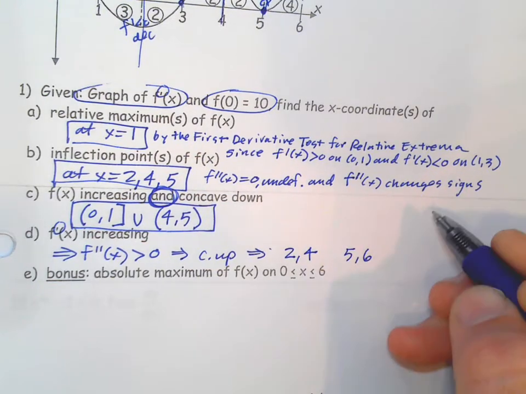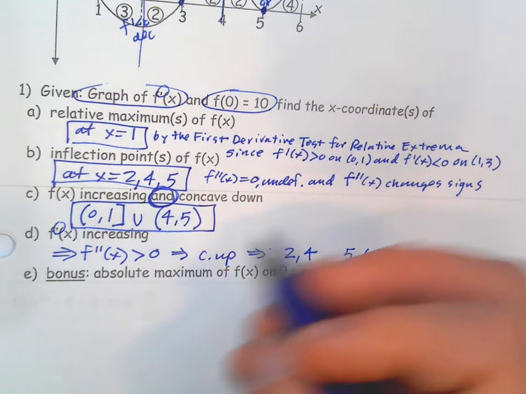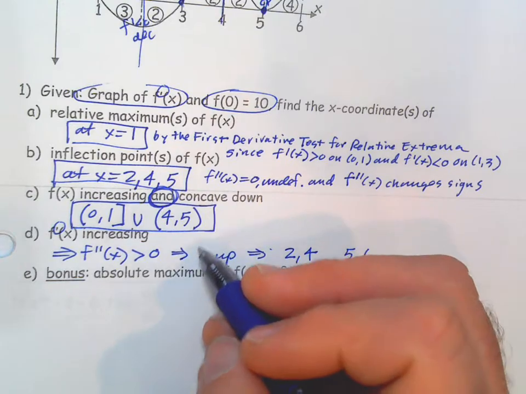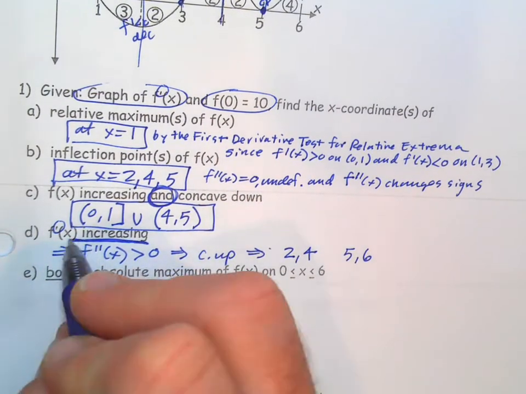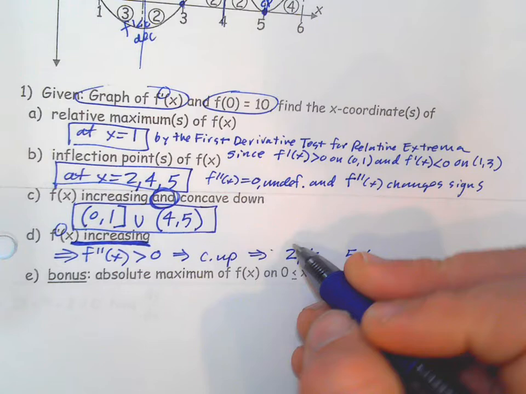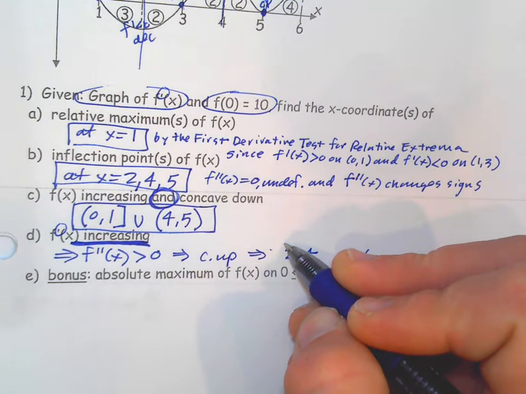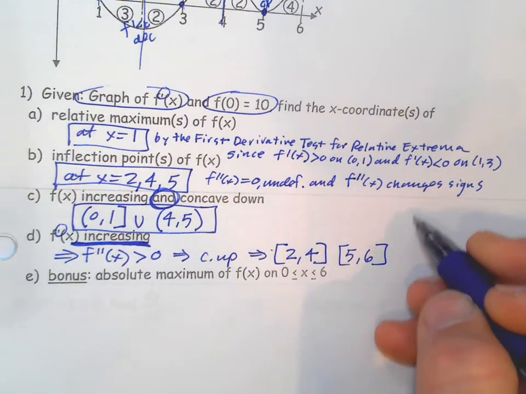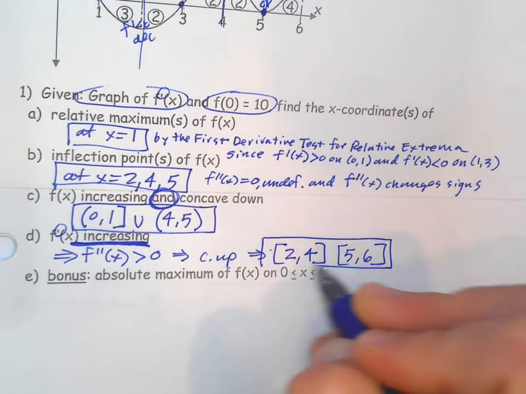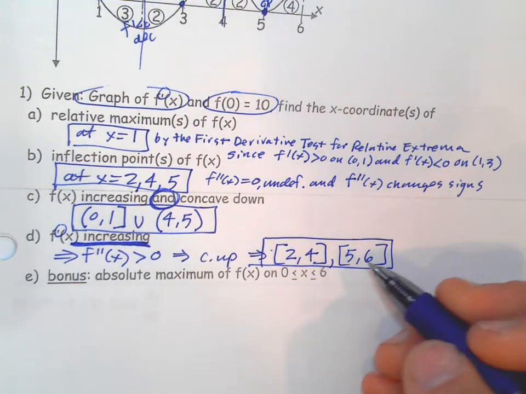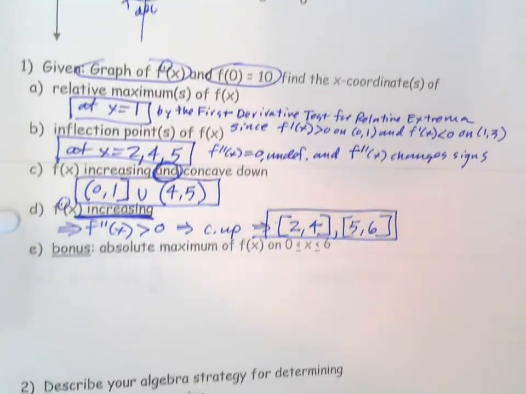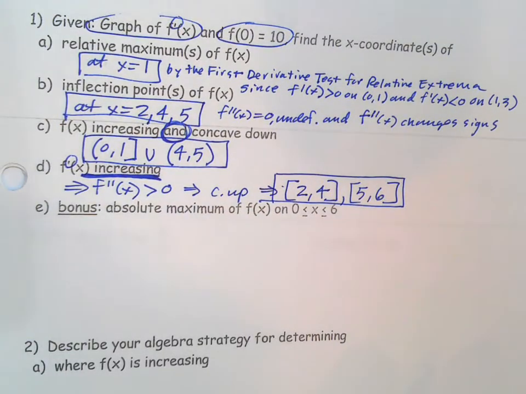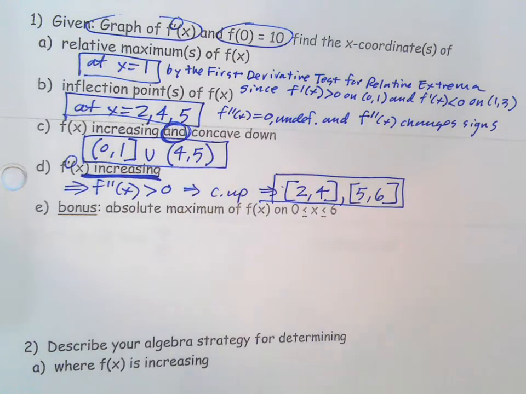We don't usually include endpoints for concavity, but we were asked if something was increasing, so the original wording caused us to include the endpoints. If I asked you where it was concave up, it'd be the same thing, but with parentheses.